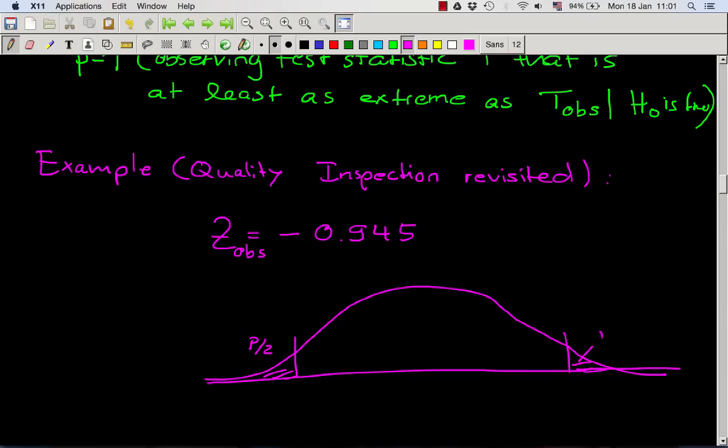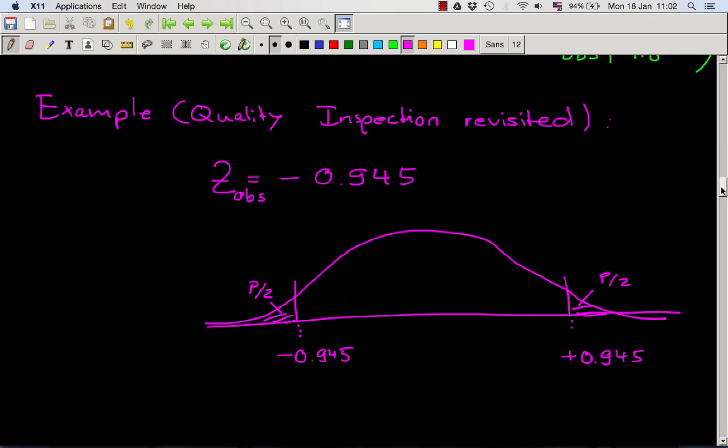So what we have here is minus 0.945, and here we have plus 0.945.